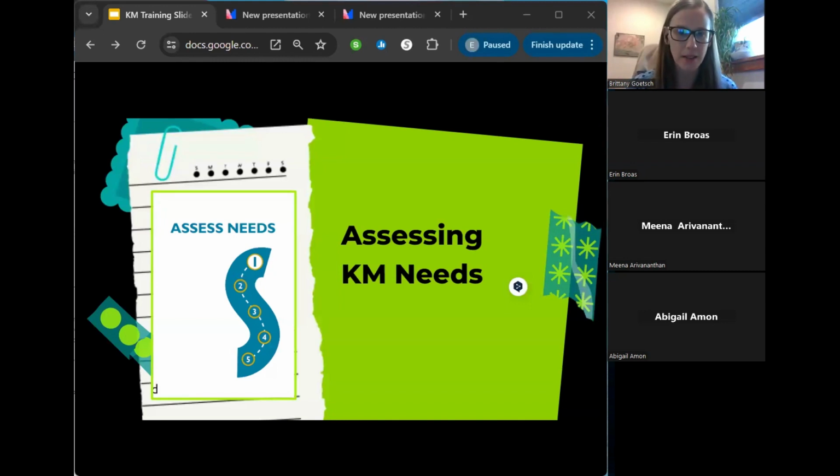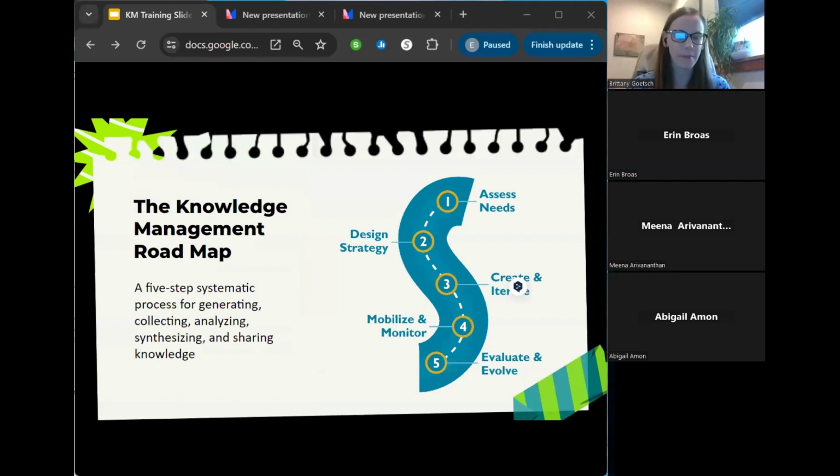assessing KM needs. So to do that, we're going to take a look first and foremost at our knowledge management roadmap. The knowledge management roadmap is a 5-step systematic process for generating, collecting, analyzing, synthesizing, and sharing knowledge. The KM roadmap can be used at the project level or at the activity level. And it's a useful tool that can be used as a reminder when starting any new KM activity.